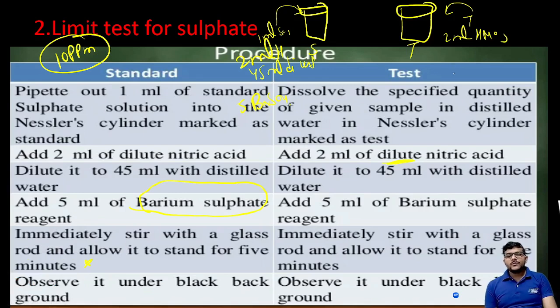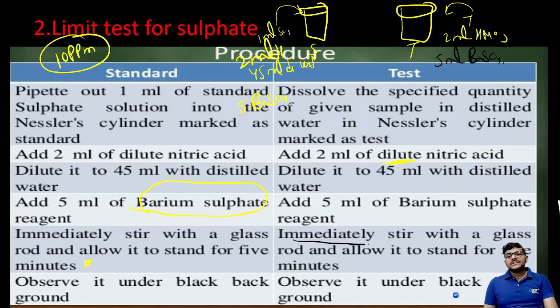After that you have to add 5 ml of BaSO4, barium sulphate, and next step you have to stir it immediately, because before the addition there is a formation of turbidity. So you have to make it uniformly distributed throughout this Nessler cylinder.